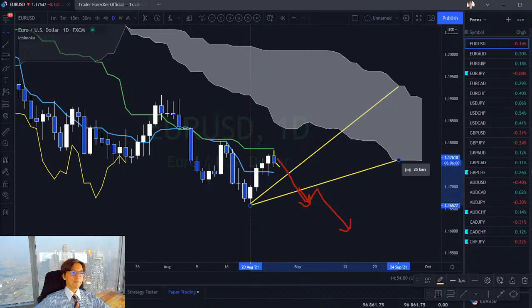But you have to have multiple bounces in the past. Like in this Euro USD here, the market bounced off the Kijun-sen once before, but that was the only bounce. So this time it might bounce, but since we had only one previous bounce, we can't really expect the bounce here this time.